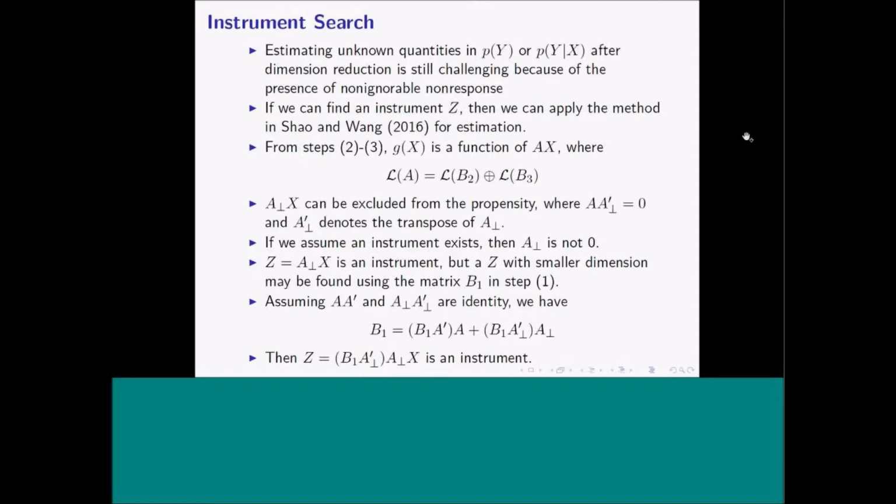But my initial purpose was not just to solve the sufficient dimension reduction. My initial purpose is trying to find the instrument. But I found that the instrument becomes a byproduct of this whole thing. Normally, when people do sufficient dimension reduction, they try to get rid of some covariates which are not useful.